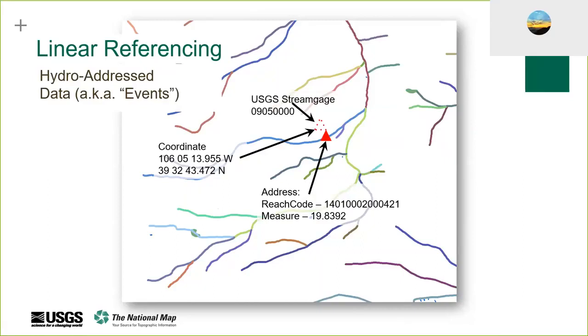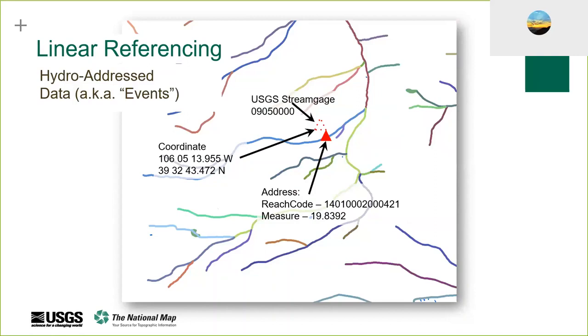This snapping distance can actually be quite long if, for example, you have a wide river. But the important thing is we want to know where this gauge sits functionally on the network. What's it measuring, and how does that relate to the stream network itself?